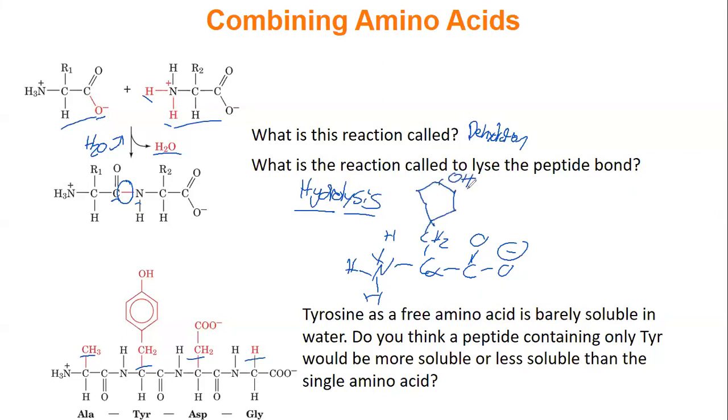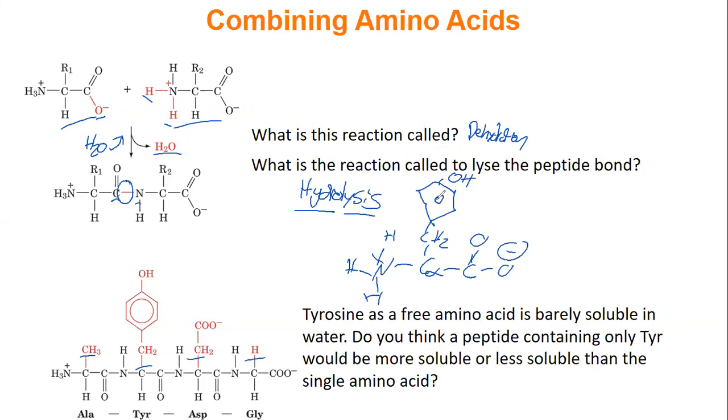So there's tyrosine, the amino acid tyrosine. It's barely soluble in water, barely soluble. So do you think if I make a peptide chain of tyrosine, would that be more soluble or less soluble than a single tyrosine?